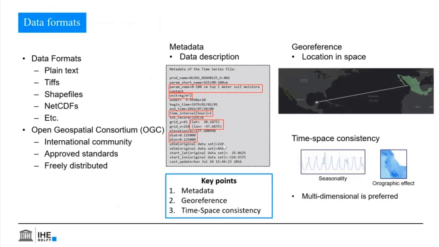For example, if you look at the time series, does the seasonality match what you know from the field? If you look at raster data, for example precipitation, does the variation of the data match the topographic or orographic effect, for example where in the mountains you see higher precipitation? This is to check the consistency of each dimension.